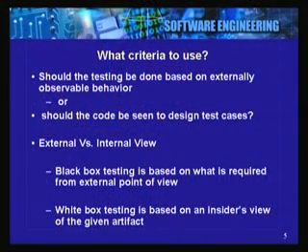So let us look at the first question: what criteria should we use? Should the testing be done based on external behavior, that is based on the external observable behavior of the software, or should one see the code to design the test cases?